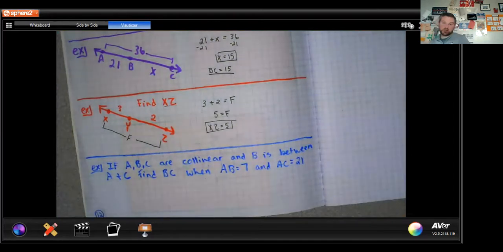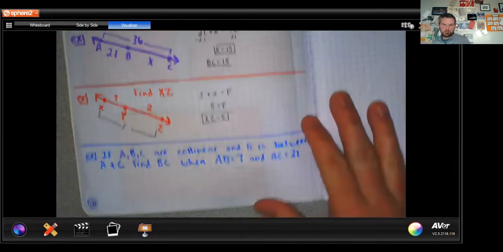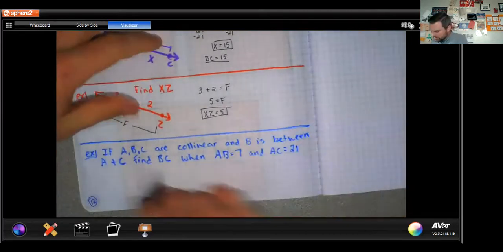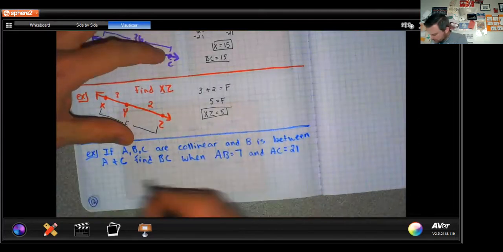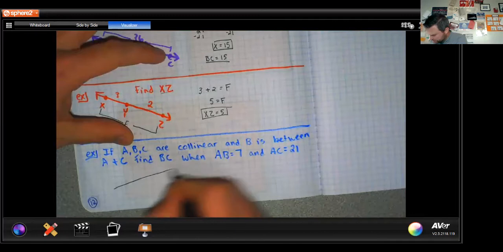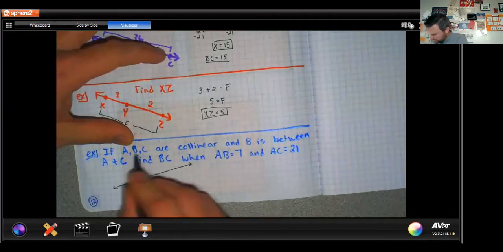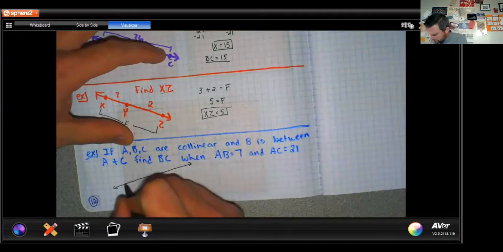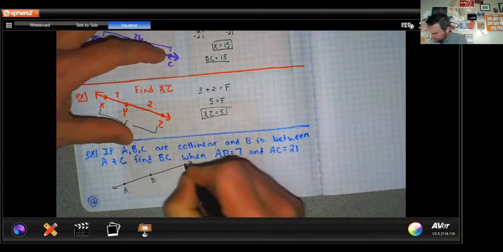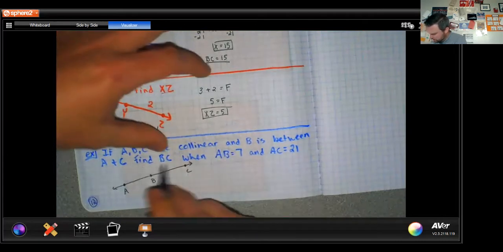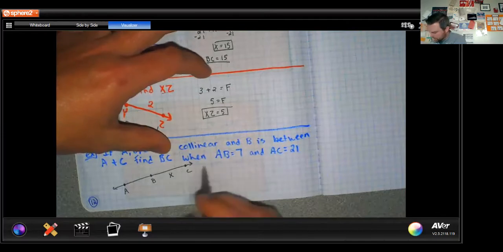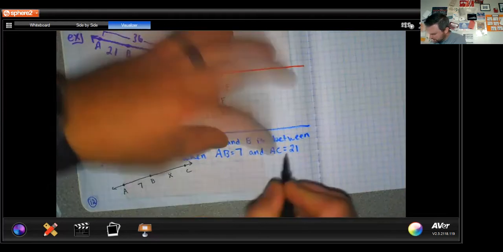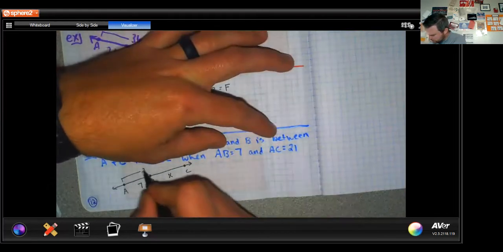Okay, so we kind of have to draw our own picture on this one. All right, so I got A, B, and C are collinear, which means they're on the same line, and B is between those two points. So we'll just draw this line here. And I'll put these points A, B, and C, but I got to make sure that B is between A and C. So let's just say A, B, C. Okay. And it says find BC. So I need to find this length right here. I'm not going to know what that is, so we'll put an X there, when AB is 7 and AC is 21.